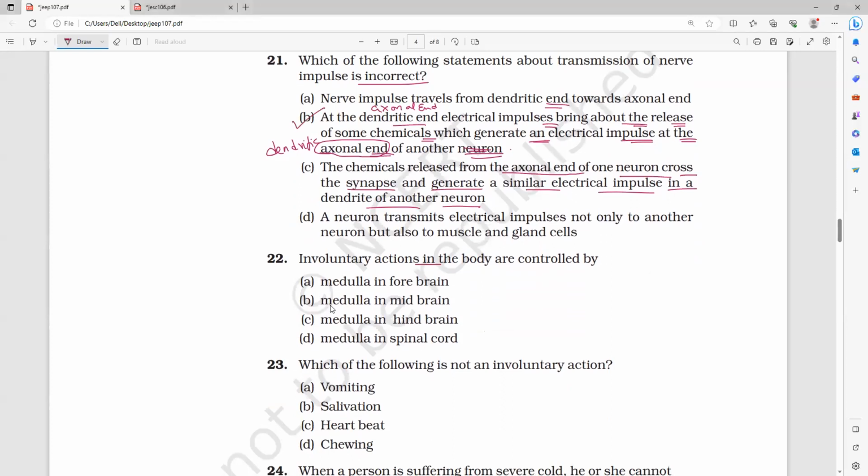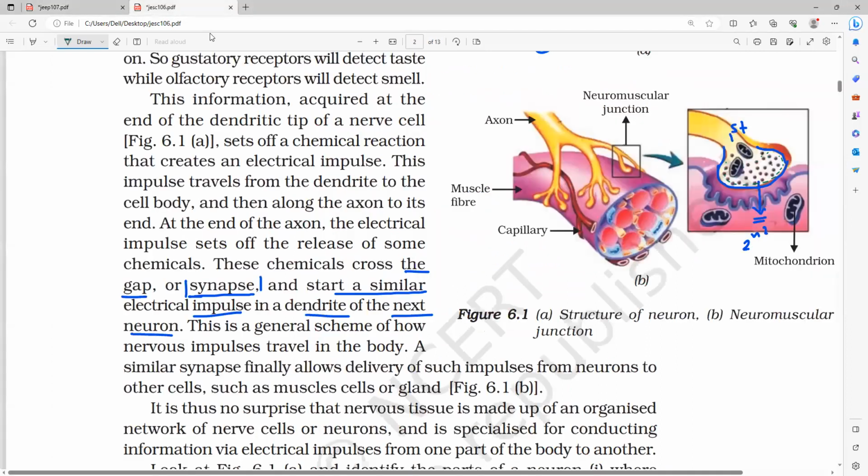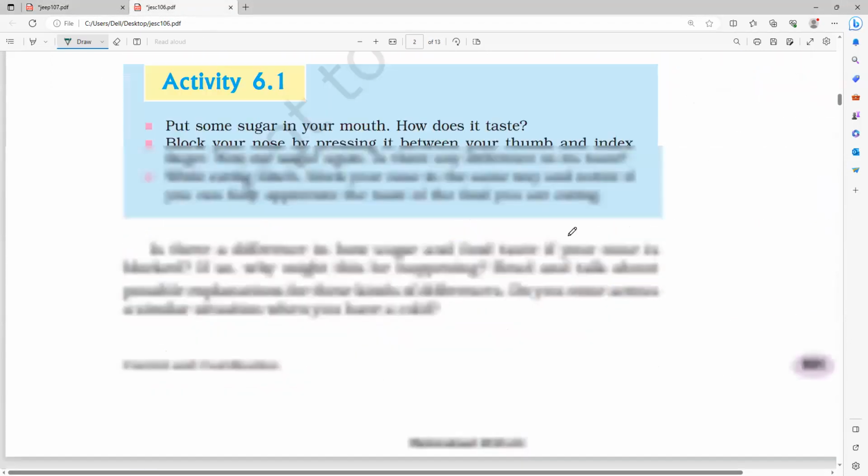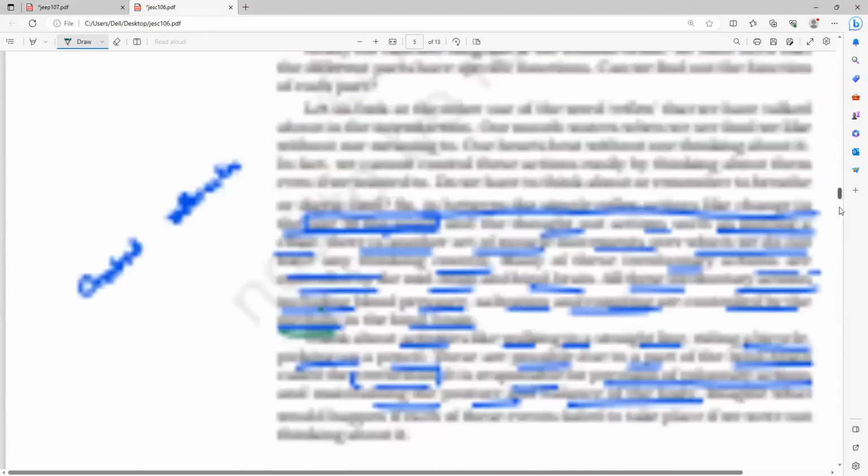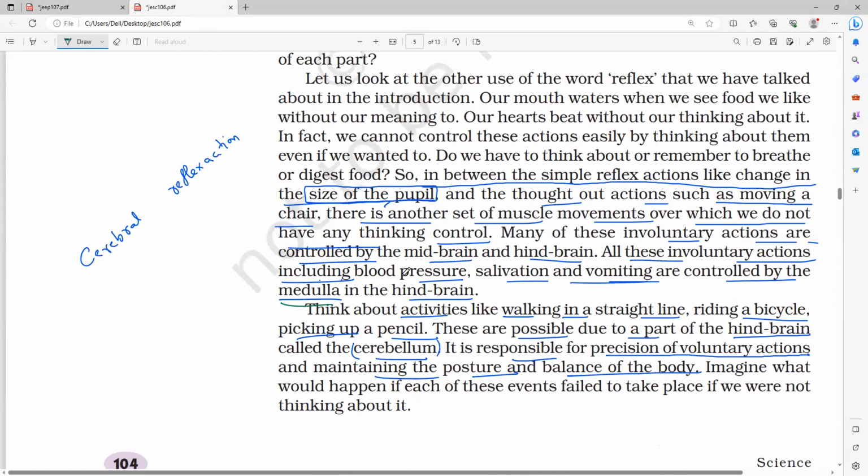Next, involuntary actions in the body are controlled by what? We have already studied this in the brain. Many of these involuntary actions are controlled by the midbrain and the hindbrain.